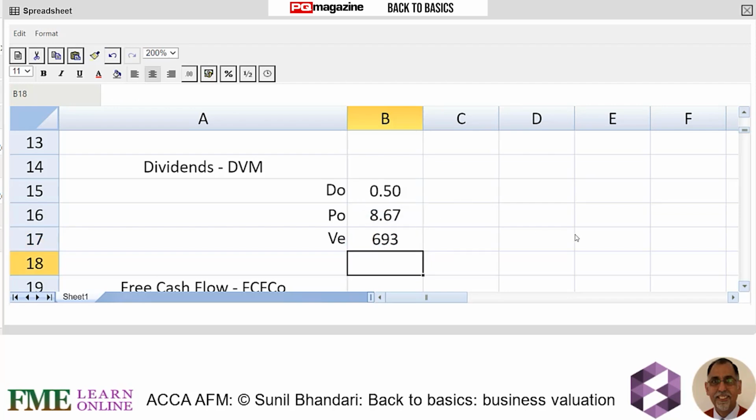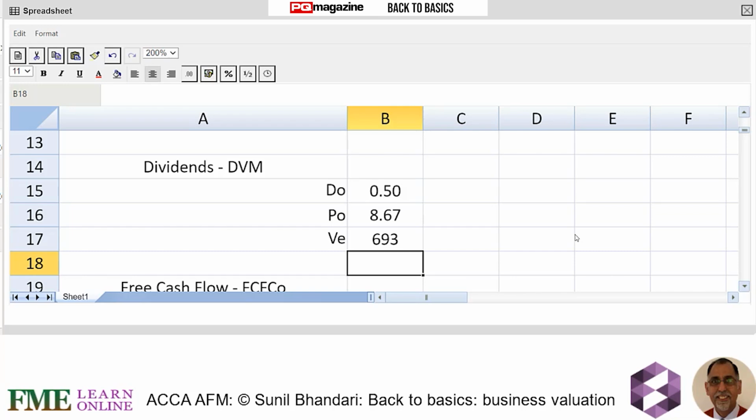693 million. A point of interest: if the dividend valuation model is used to value minority interests, it's also argued that the share price on the stock market generally is when you are buying just a few shares. You're buying shares on a per share basis.